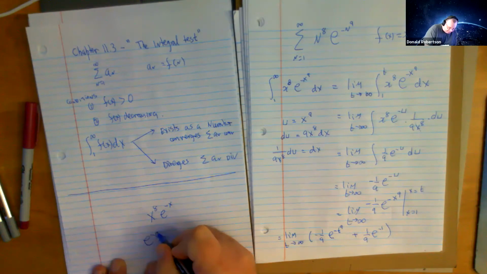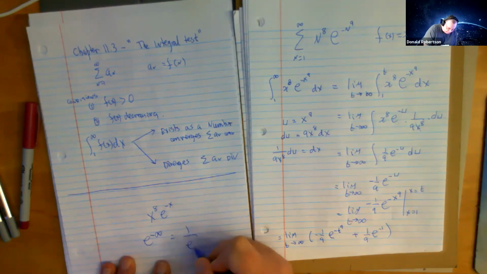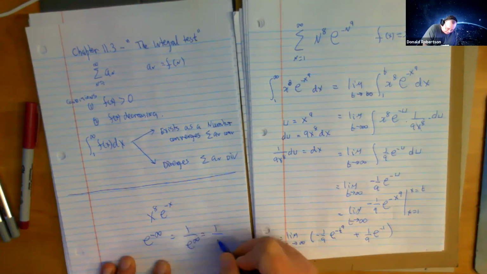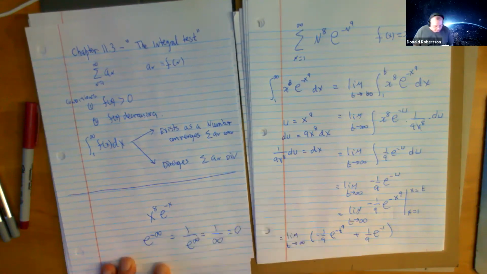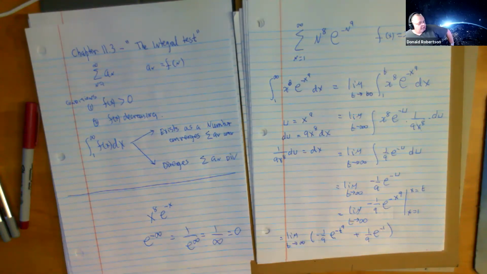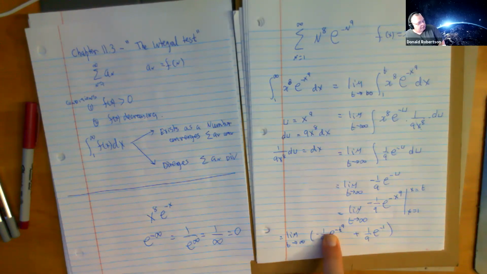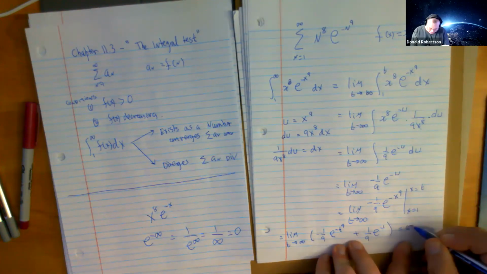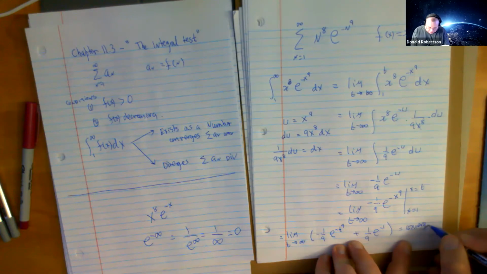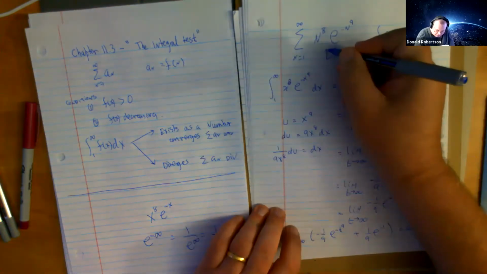E to the negative infinity is the same as 1 over e to the infinity. E to the infinity is infinite. The answer is 0. I think you were thinking of some other algebra there. So basically that's 0, isn't it? So that's a number. So it converges. Which means so does that.